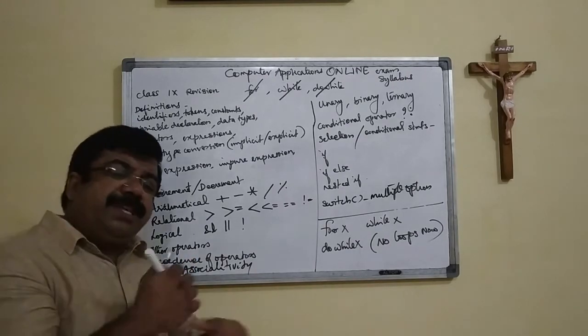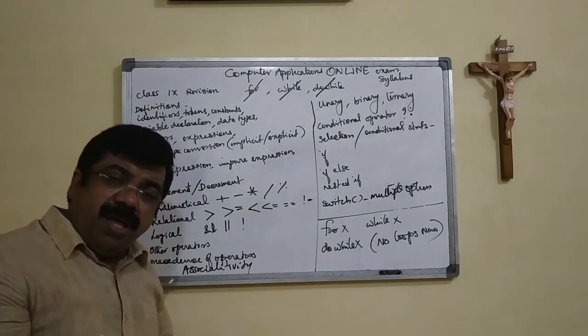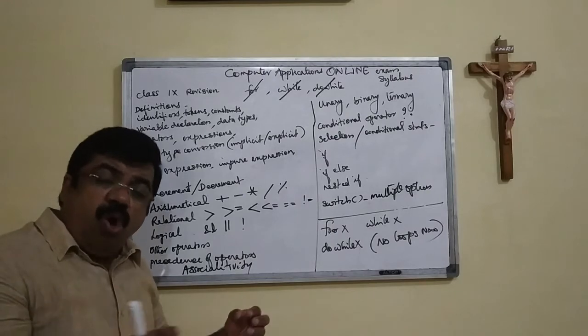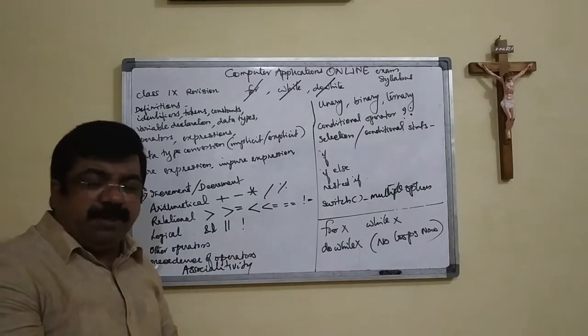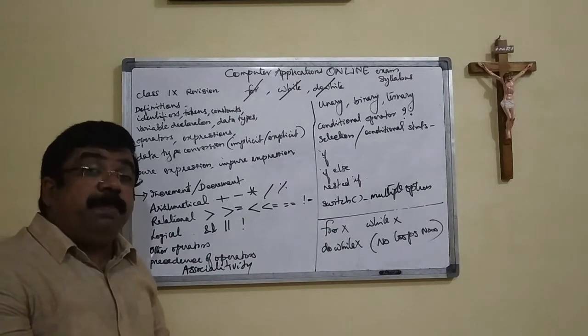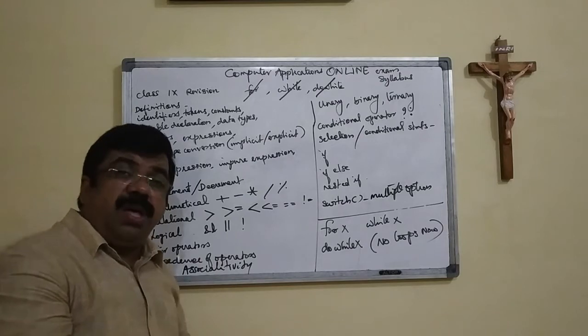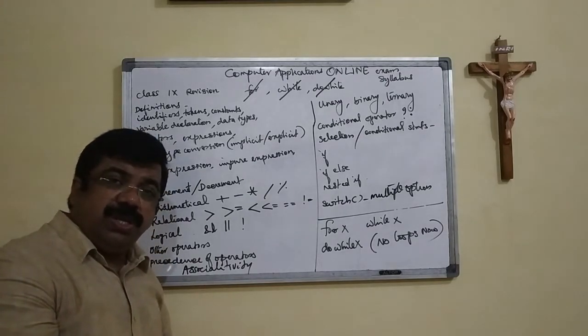Then precedence of operators: how do we execute the operators in a given expression depending on their priority or the precedence?